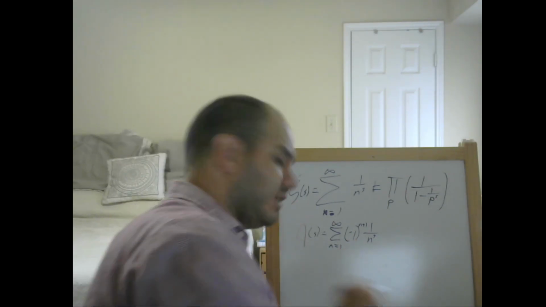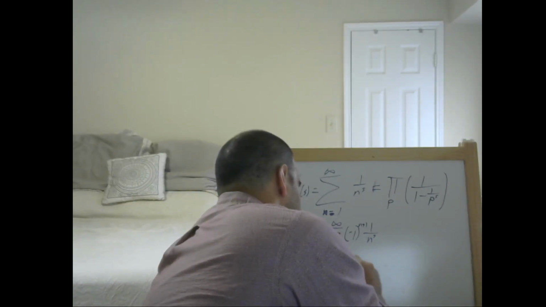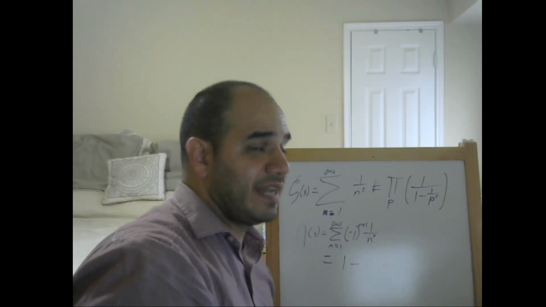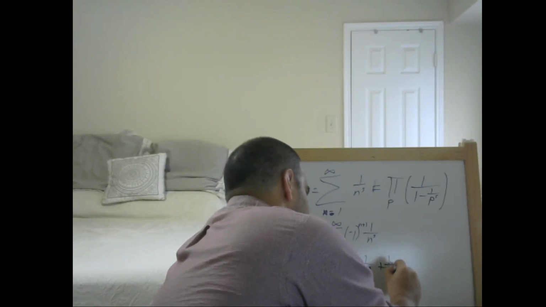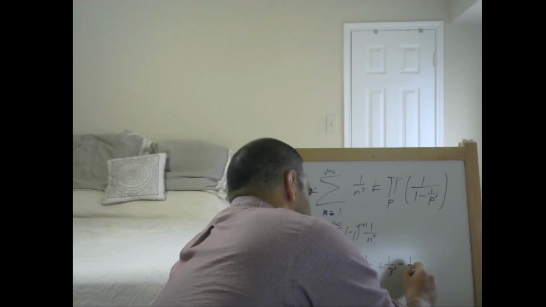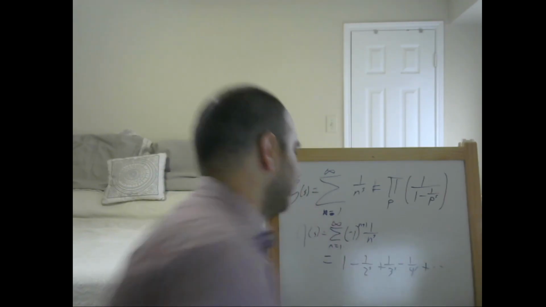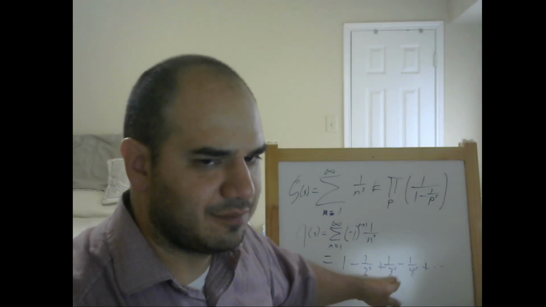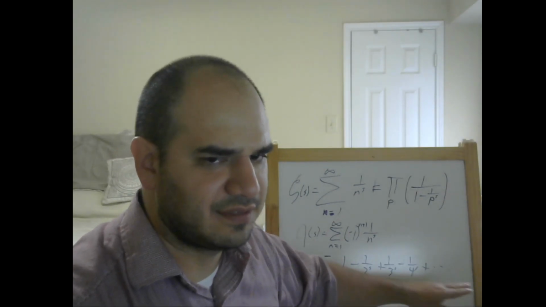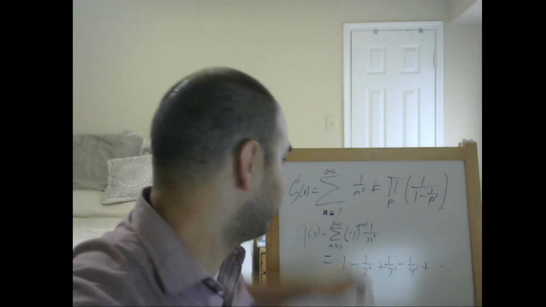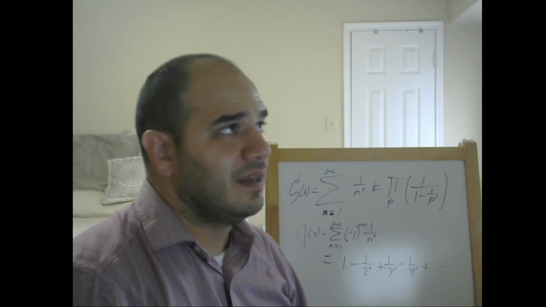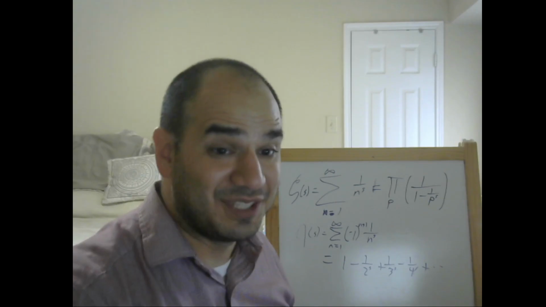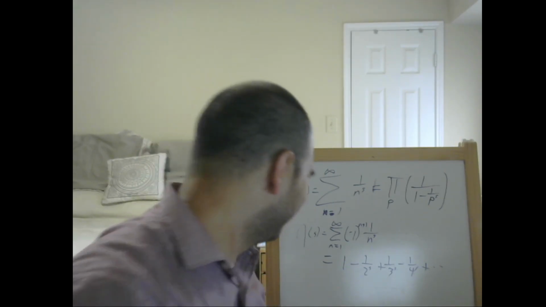So before we had 1 plus 1/2, now it's 1 minus 1/2. And so minus 1 over 2 to the s, plus 1 over 3 to the s, minus 1 over 4 to the s, and so on and so forth, right? The alternating version of this one. And so, okay, let's do another algebraic trick here.